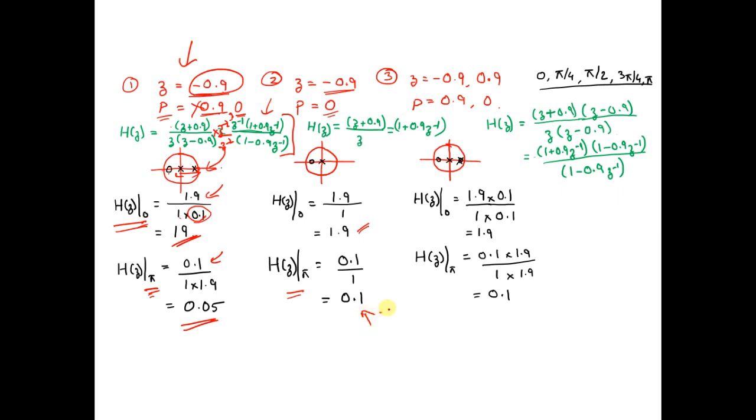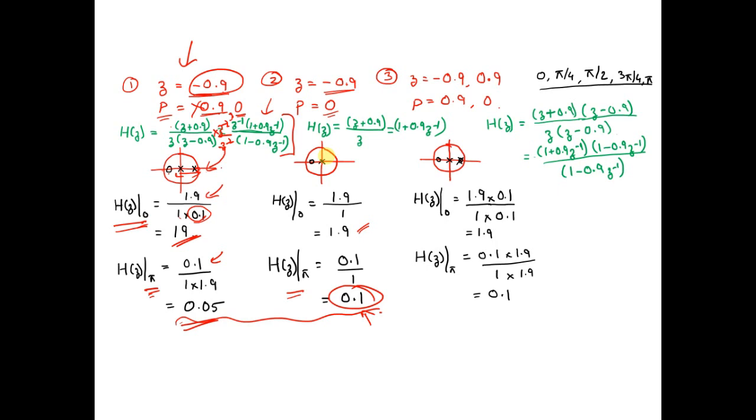Now, if you compare these two, this is higher. Why is this higher? Because in the second case, we do not have an extra pole. And since we do not have an extra pole, the zero is getting more predominant in nature.